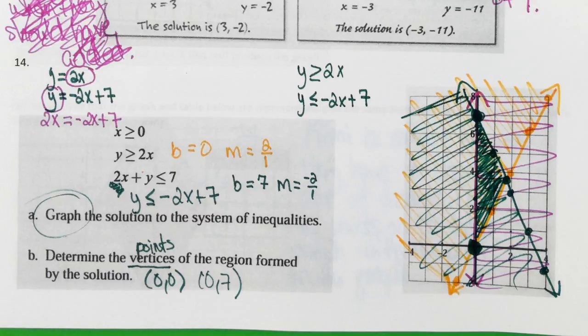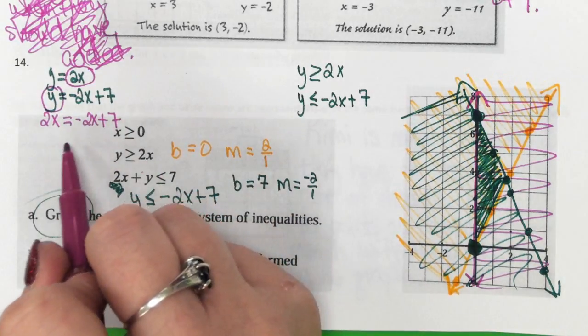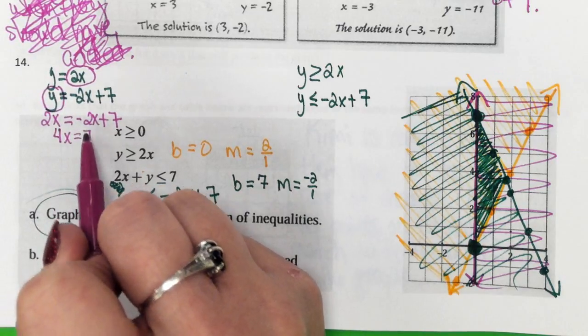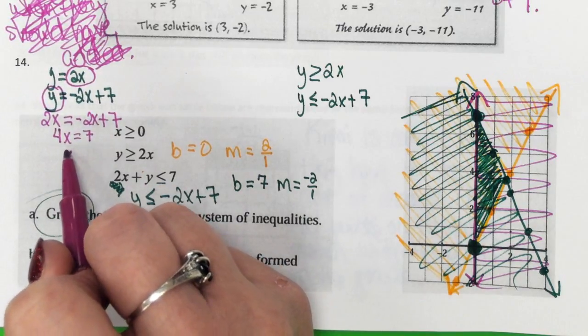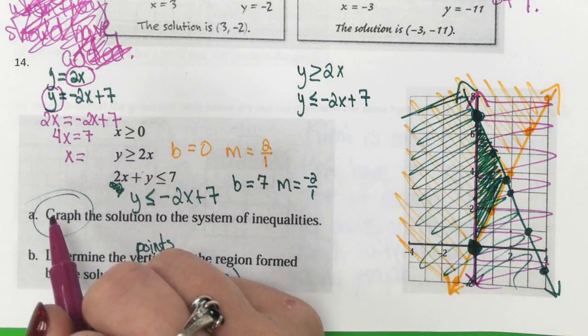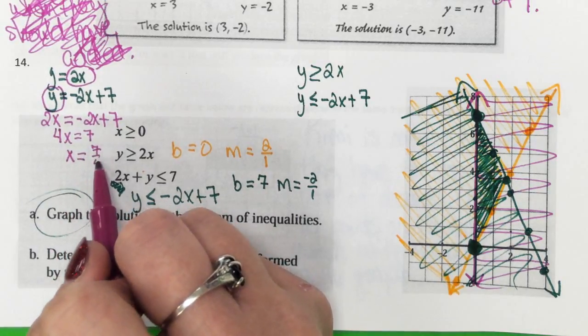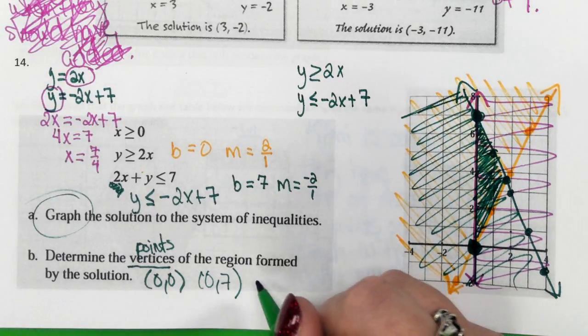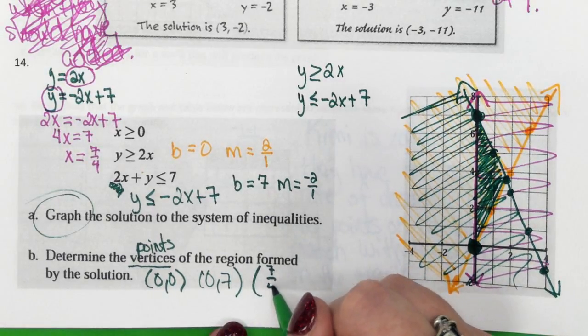And now I can figure out where my x value is. How do I do that? Add that 2x over and you get 4x equals 7. And let's keep it a fraction when I divide. Alright. So I know that my x value for that coordinate is 7 over 4.